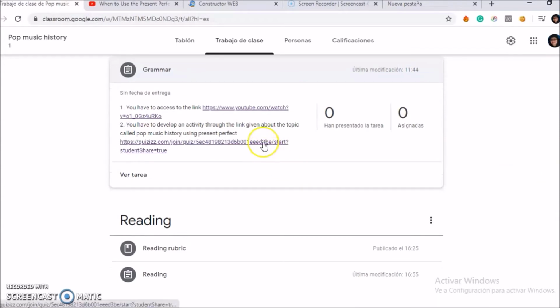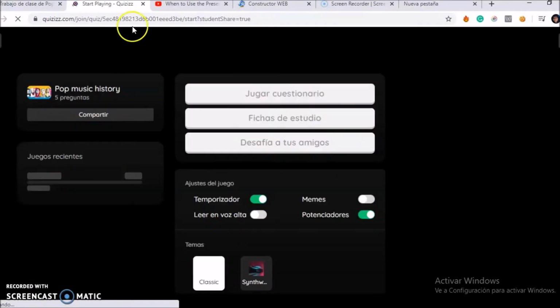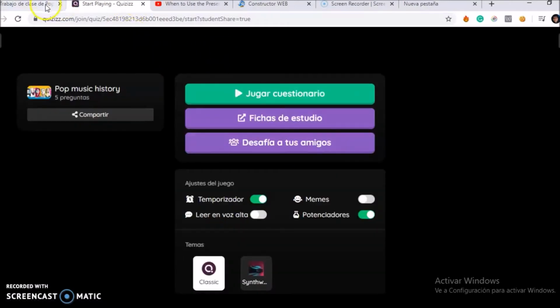And this is the activity of the grammar. In this part they have to answer some questions about the topic, about the pop music history, using present perfect.